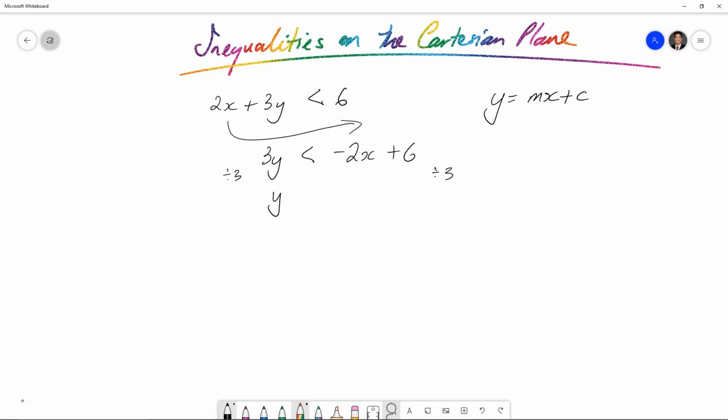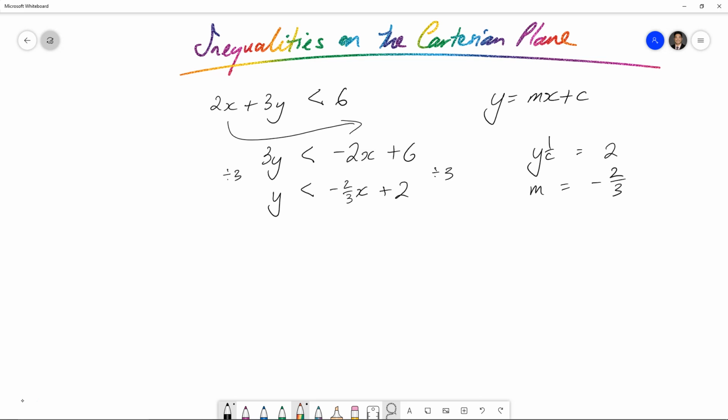So we've got y is less than minus 2/3 of x plus 2. So we know from this that the y-intercept is at 2 and our gradient is going down at a relatively shallow steepness of 2/3. All right.